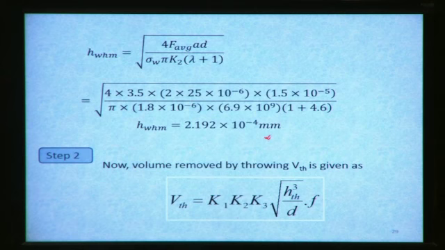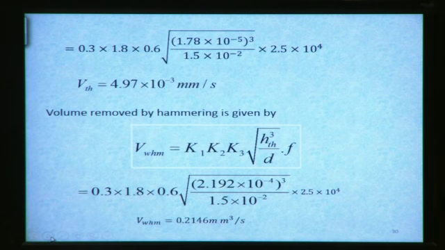So now, if we put these values into this equation, we can calculate the volume of metal removed by both the models here. Okay. So here this is the volume of metal removed by the throwing model, and here the volume of metal removed by the hammering model. So by putting all these values, we know h in both the cases. Okay. So it will be W.